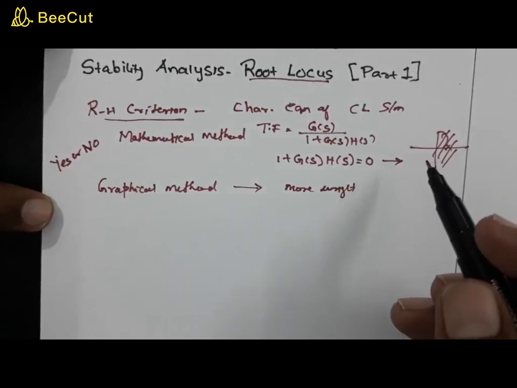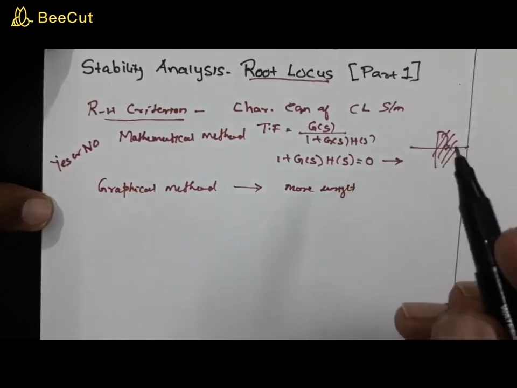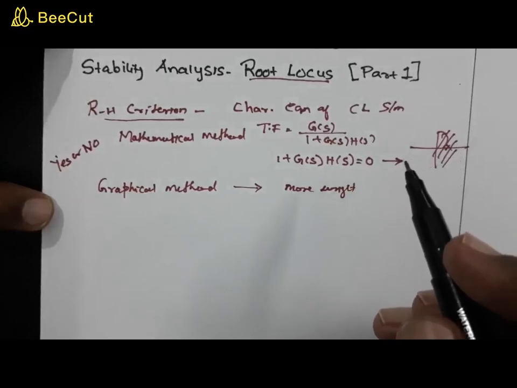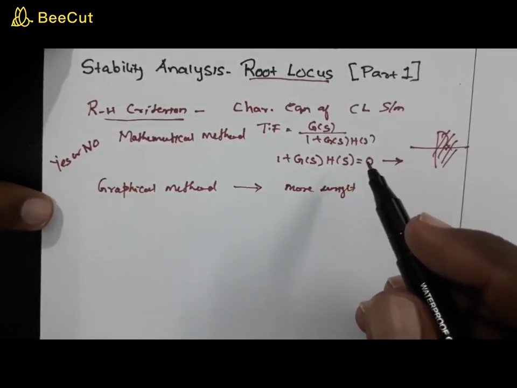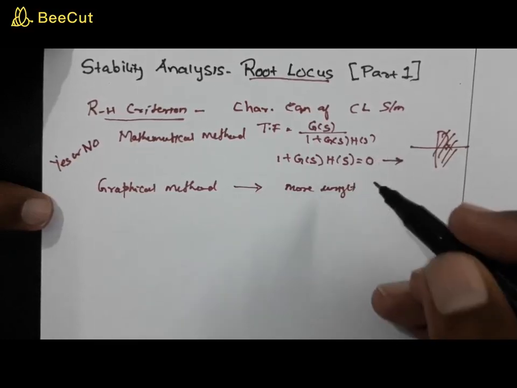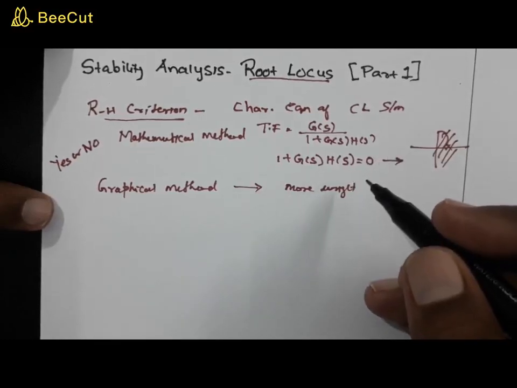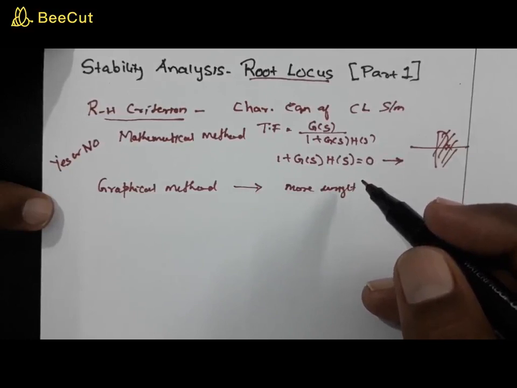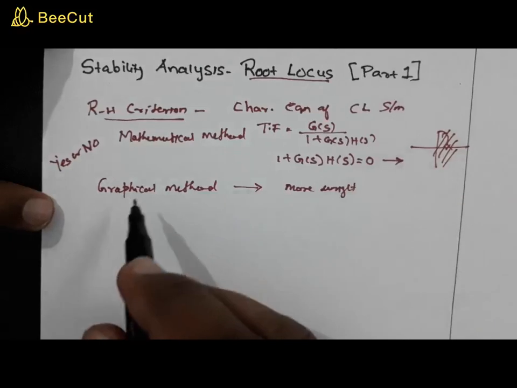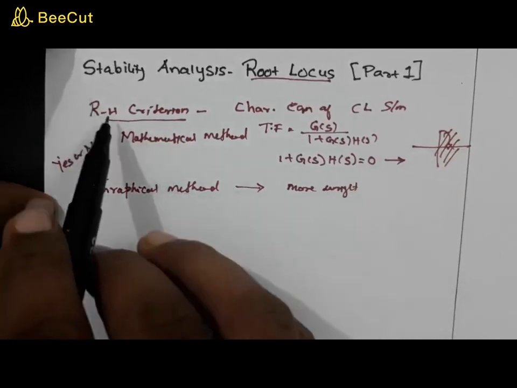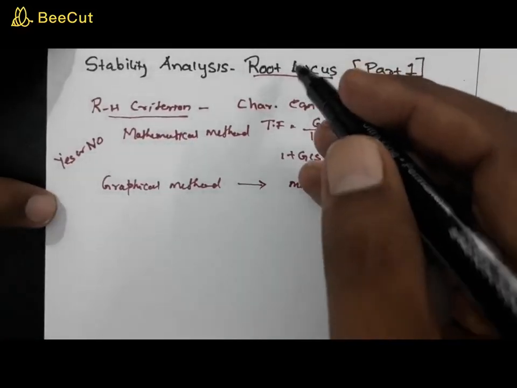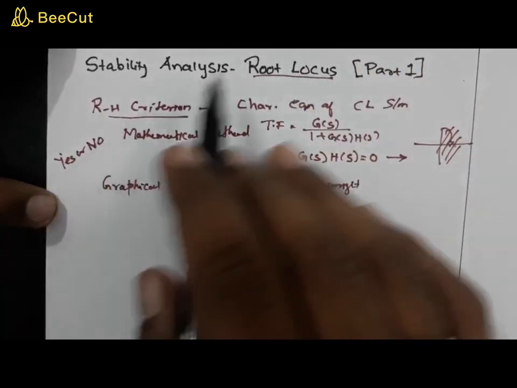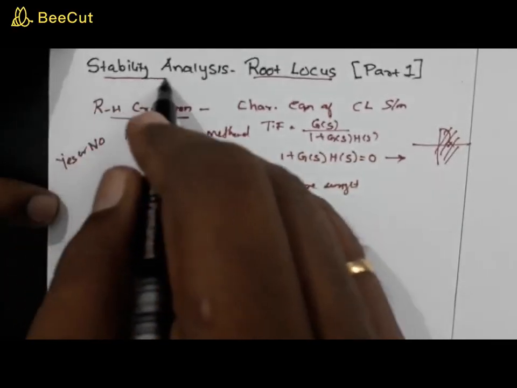Not only will it say whether it is stable or not, it also gives us a provision to predict or conclude certain things, and from a designer's point of view, this method is more useful than the RH criterion. Both methods are used for stability analysis.